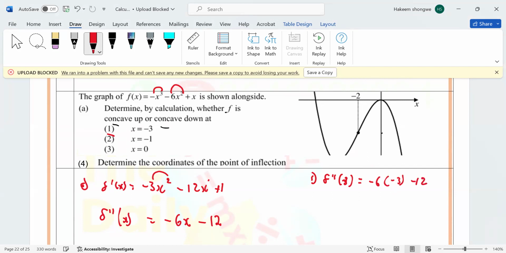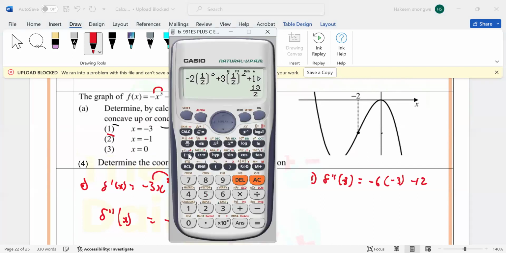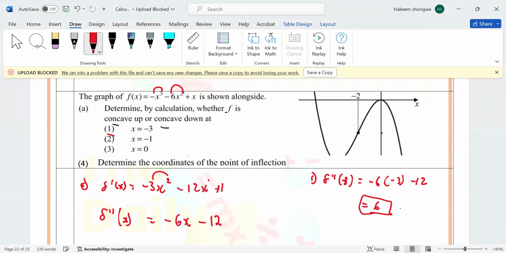You type this in your calculator exactly the way it is. And then we get what? Minus 18? The answer is positive, so if our answer is positive, it means our graph is concave up. It's looking upwards.